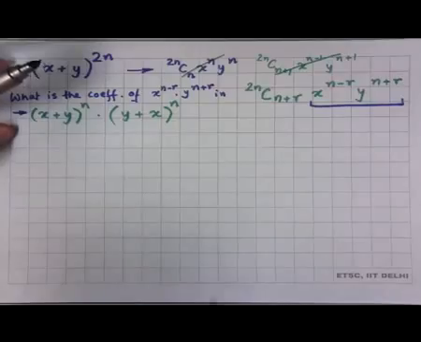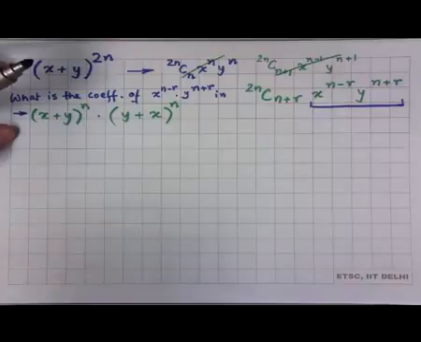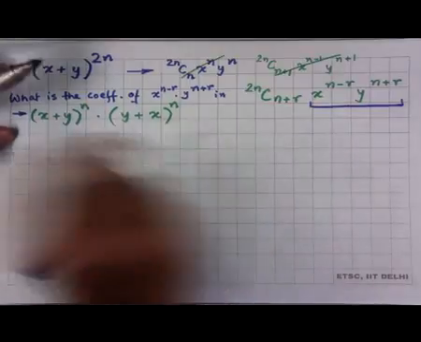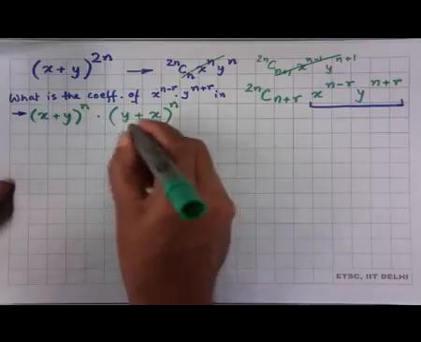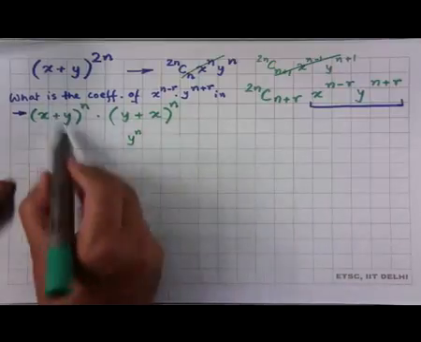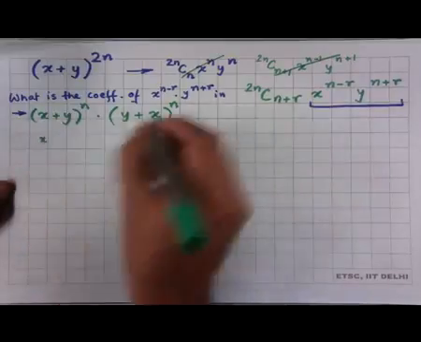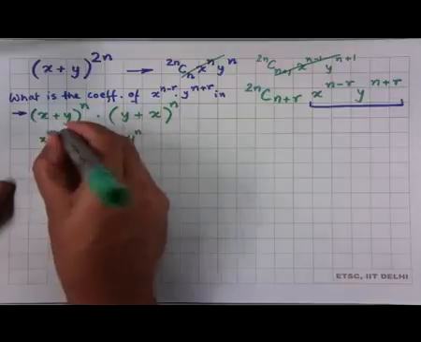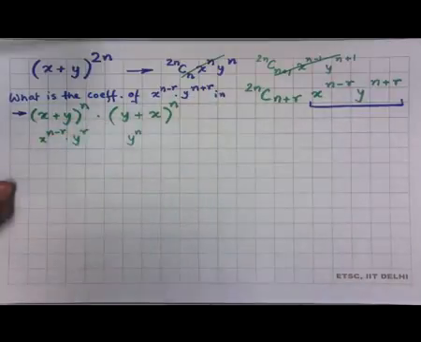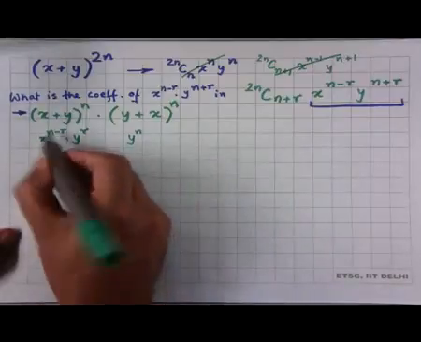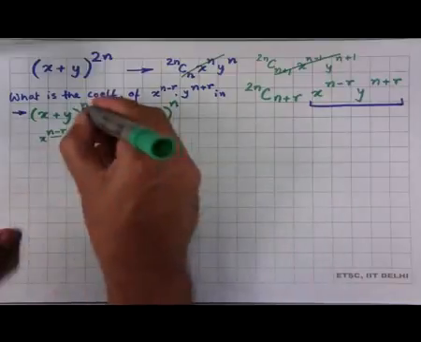Let us say I borrow y power n from this side, then from the other side I will have to look at x power n minus r times y power r, and always remember the sum of n minus r and r has to be equal to n, right.